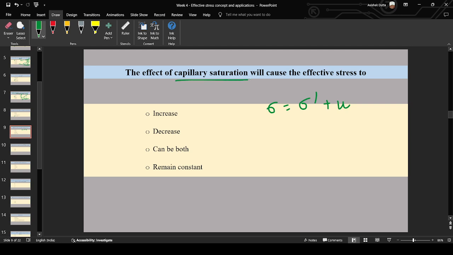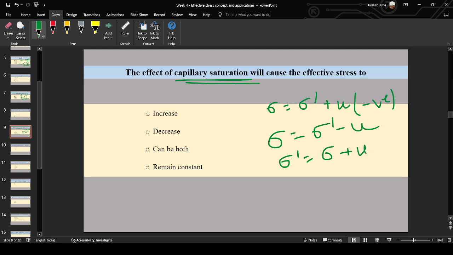When there is capillary saturation or capillary suction, the pore pressure acts upwards, that is, the pore pressure is negative. Then total stress equals sigma dash minus u. Now effective stress will be how much? Effective stress equals total stress plus u, isn't it?